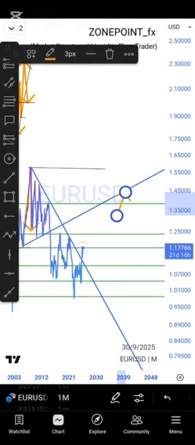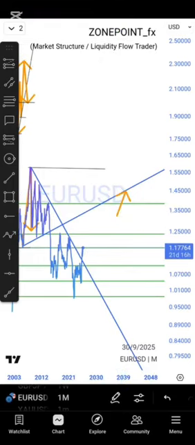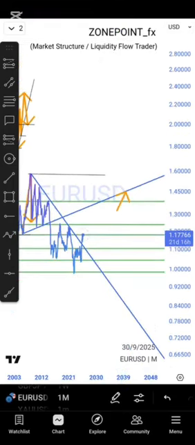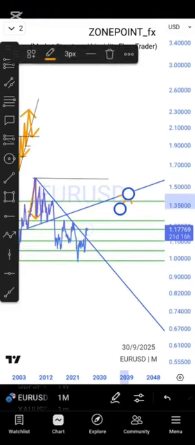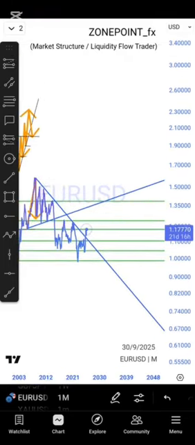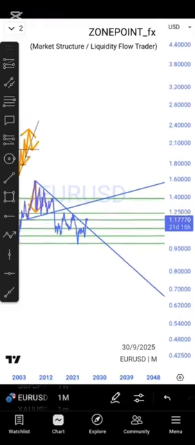But that will be for future purpose. This is monthly. It will take years, 2 years, 3 years, depending on how markets want to move. So let's delete this. We just have it in mind.